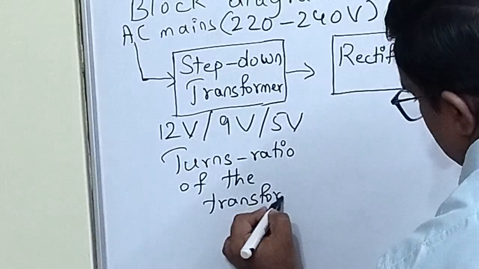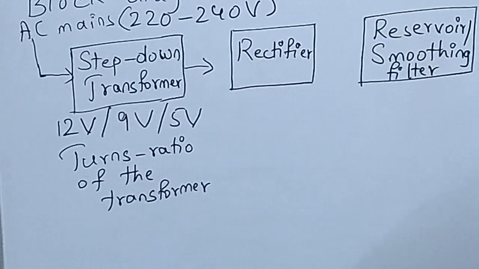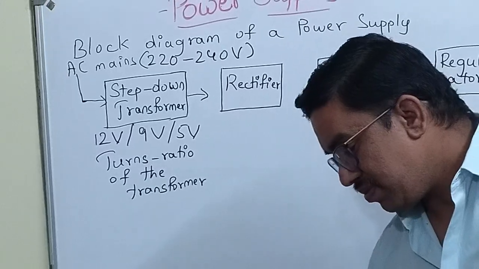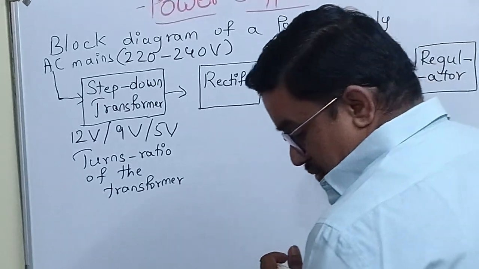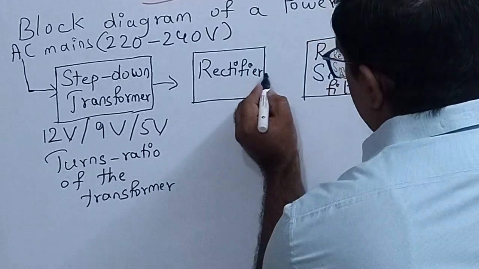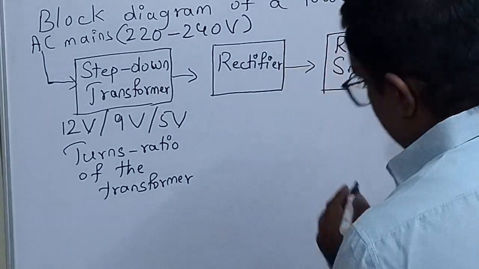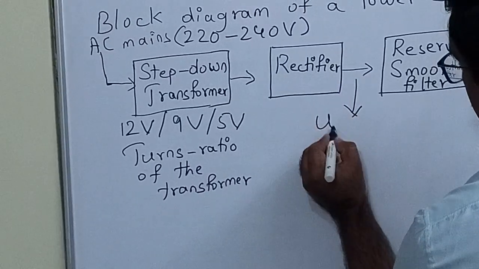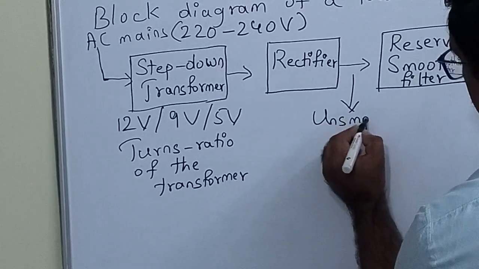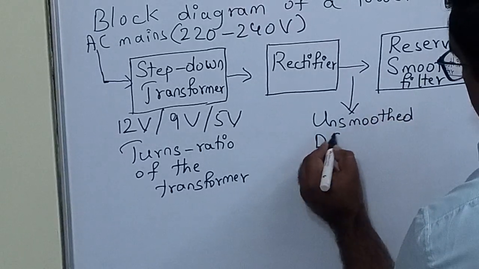After this we have a circuit called a rectifier, which helps in getting an unsmoothed DC signal.